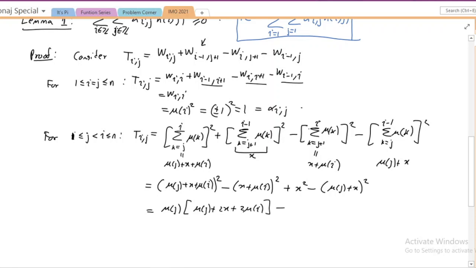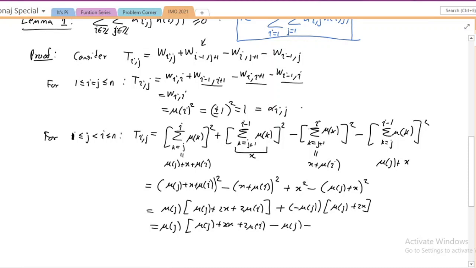And here we also take difference of two squares. So the difference now actually looks negative, minus mu j. Then we have mu j and that's the sum now, and 2x. So we can pull out mu j, and once we've done that, this would just be 2x plus 2 mu i minus mu j.